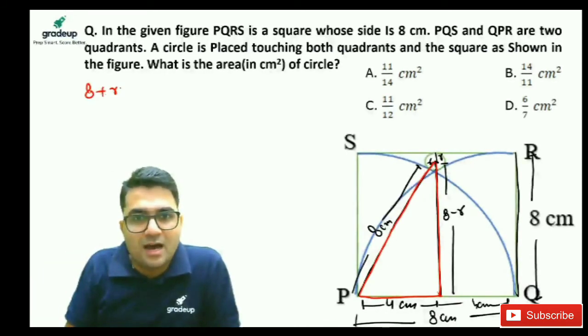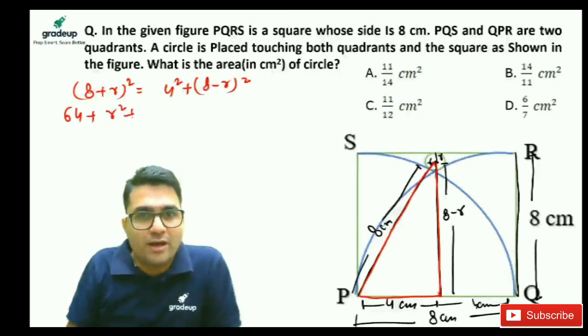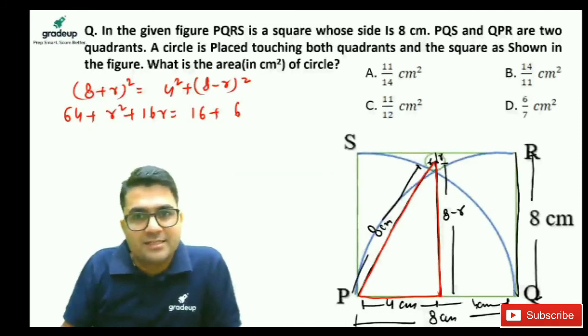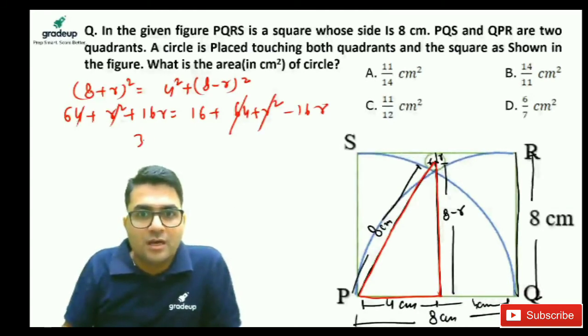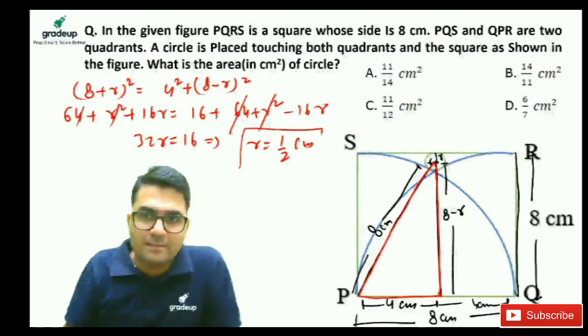8 plus r whole square is equal to 4 square plus 8 minus r whole square. This will give you 64 plus r square plus 16r equals 16 plus 64 plus r square minus 16r. So this will cancel out. 32r is equal to 16. This will give you r as 1 by 2 centimeter.